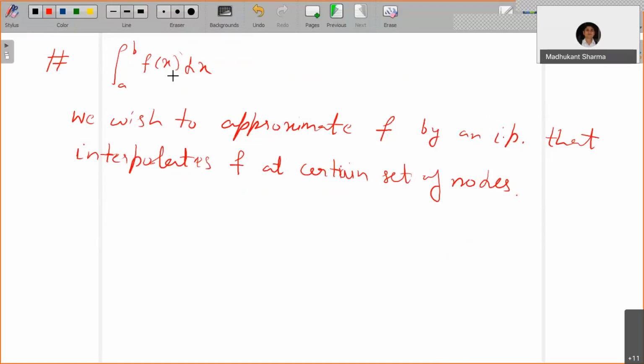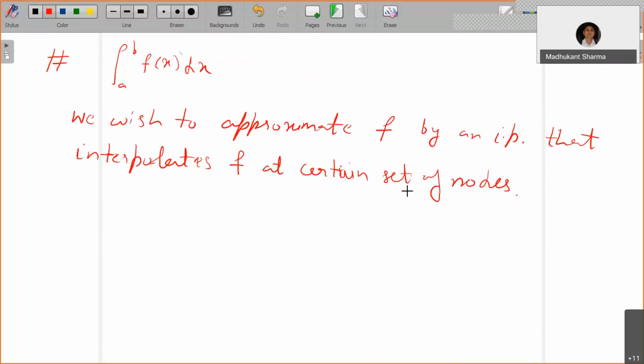On the other hand, you can also approximate f by using Taylor's approximation and so on, but that has a drawback that you require derivative approximations there, right? So we wish to get a general procedure.